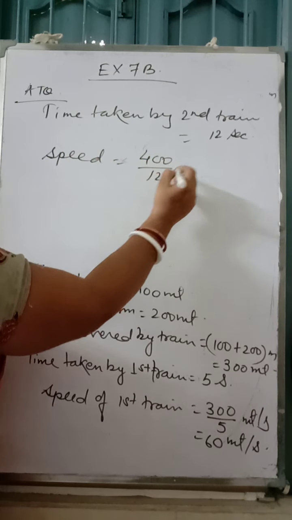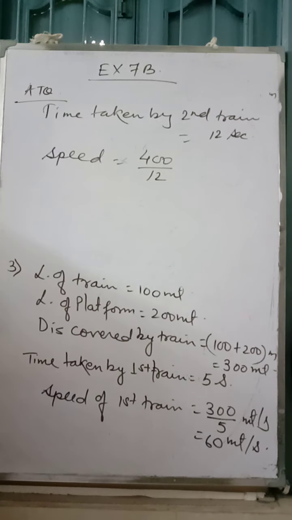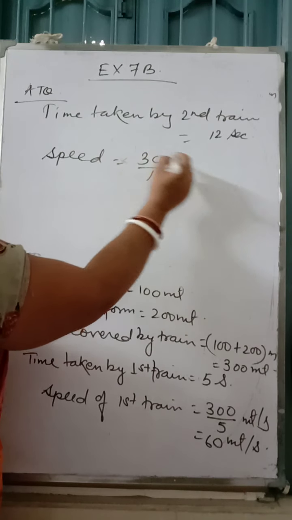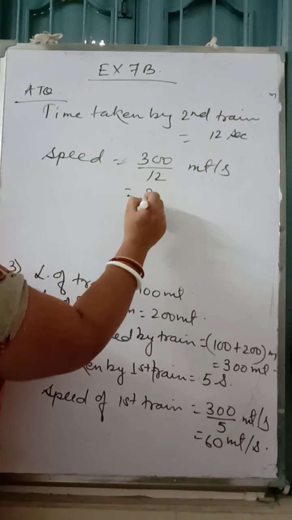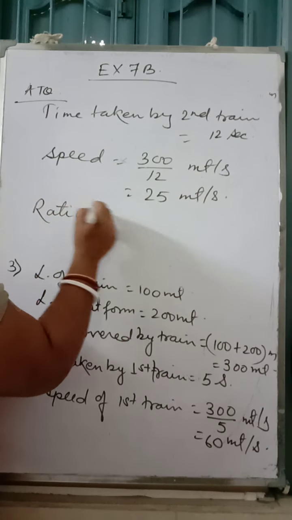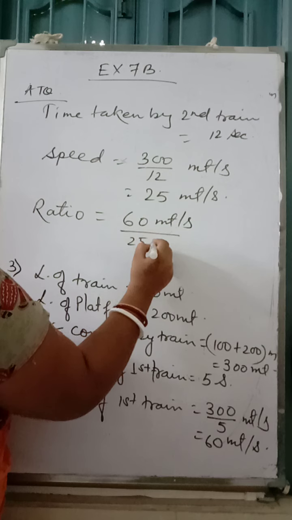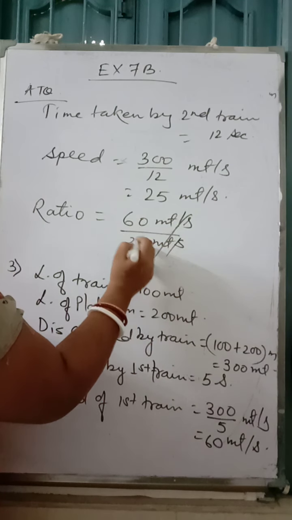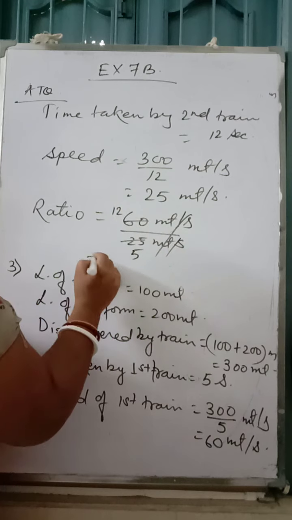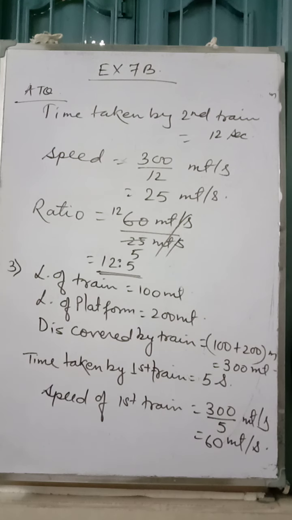It is 300 by 12, not 400, it is 300 meters only. Meter per second, 25 meter per second. Ratio: the first was 60 meter per second, this is 25 meter per second. Meter per second is cancelled. 5 twelves are 60, 5 fives are 25. So the ratio is 12:5. This is the answer for question number 3.